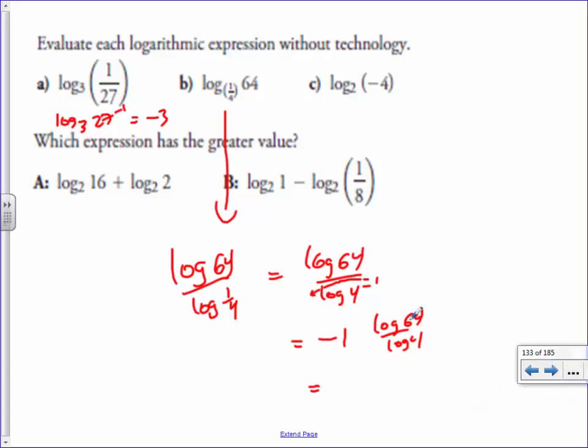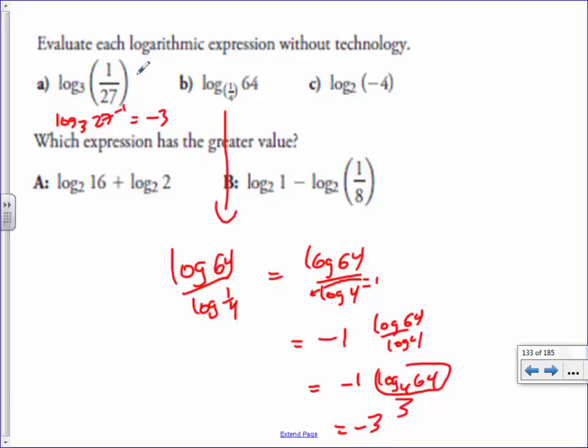Well, hang on. Isn't log 64 over log 4 just log base 4 of 64? How many 4s go into 64 again? 3. I think it was 3, right? 4 times 4 is 16, times by another 4 is 64. So this little bit right here is 3. So I guess it's -3.